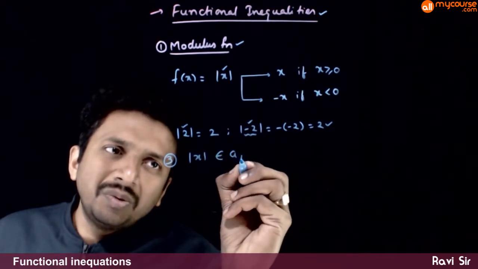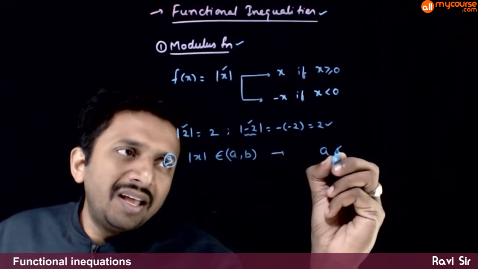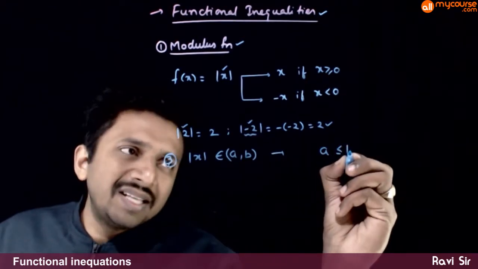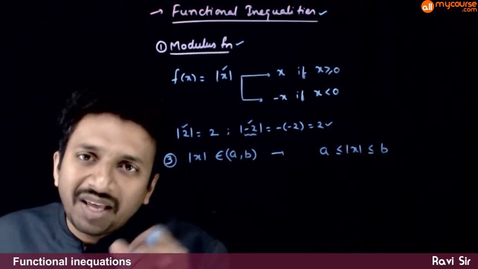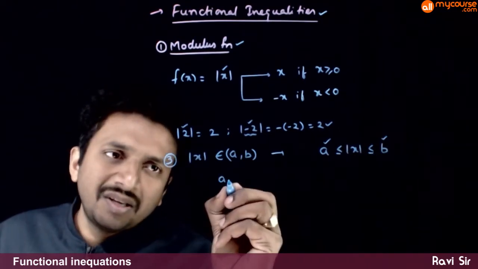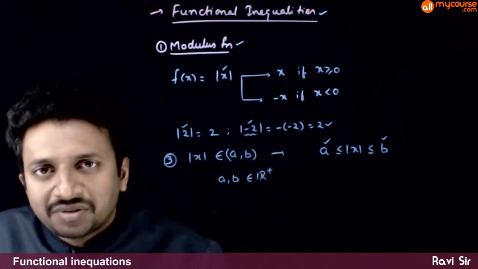Mod x belongs to a comma b. That is, a less than or equal to mod x less than or equal to b. Mod x lies between a and b. Let us assume that a and b are positive numbers.